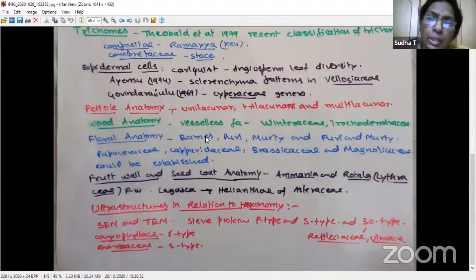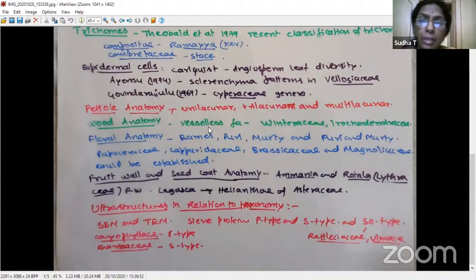Even though it is pycnoxylic with compact cells, the thickening is not as much as in vessels. So dicot members yield a better quality wood than gymnosperms.